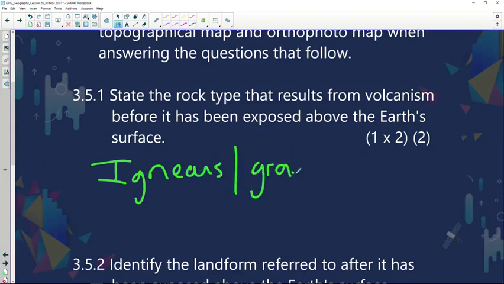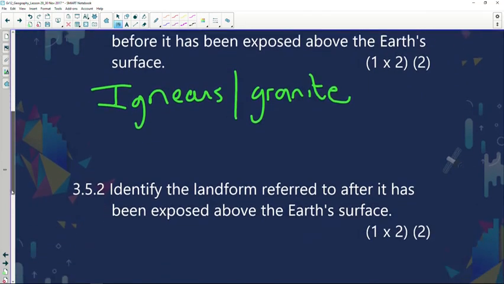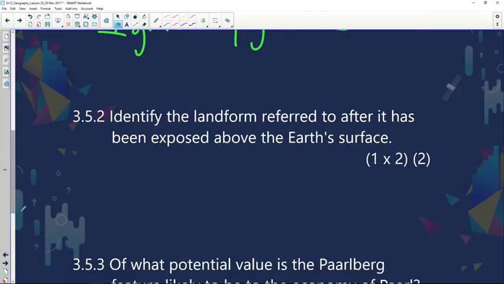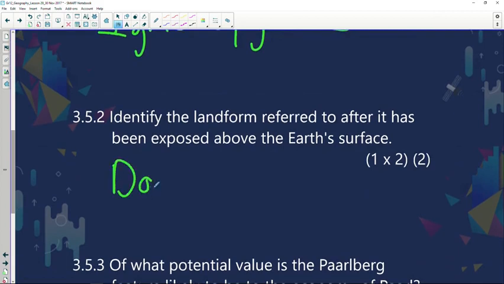Granite is a type of igneous rock. Identify the landform, referring to after it has been exposed. That's a granite dome. Before it was exposed, it was a batholith.